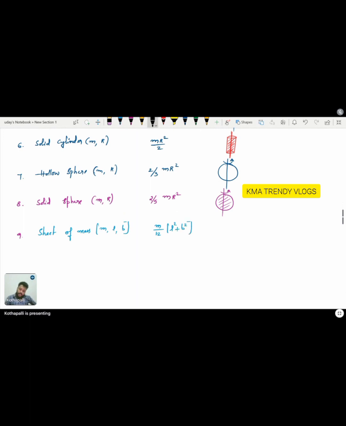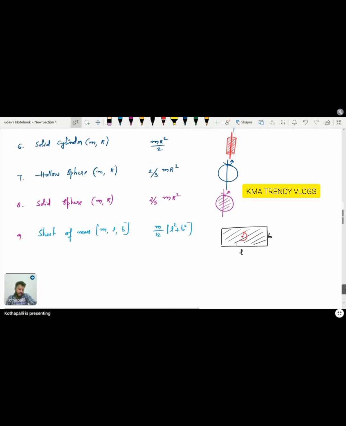Okay. It will look like this. Length L, breadth B. Moment of inertia we are taking about its center of mass axis. The derivation of this part we can do by using the case of rod. After completing the parallel axis theorem and perpendicular axis theorem, you will understand how this m by 12 L square plus B square has come.